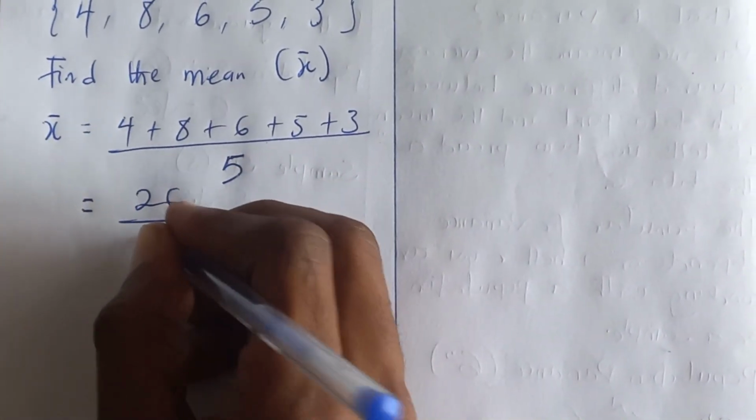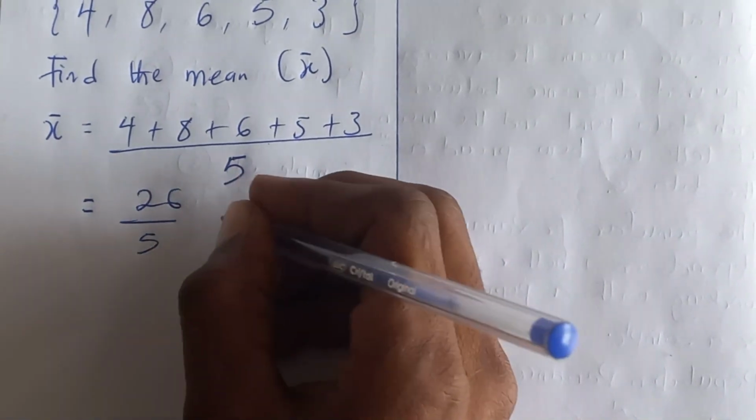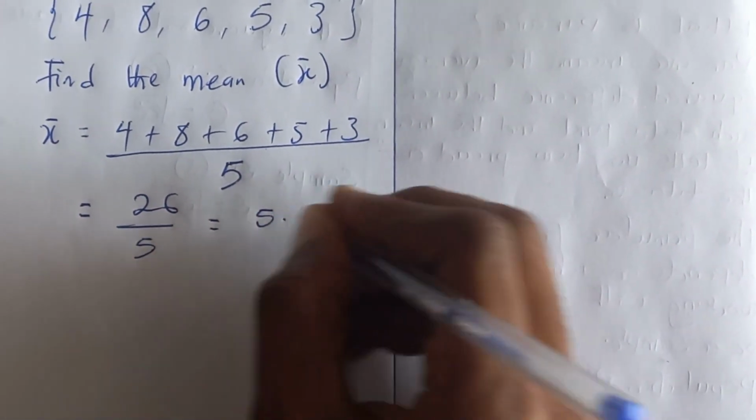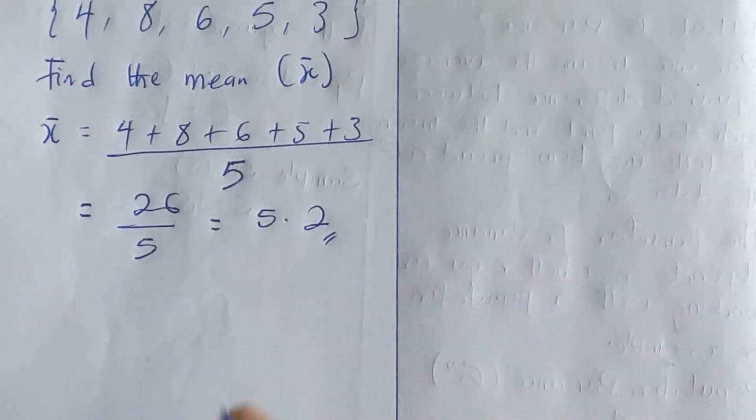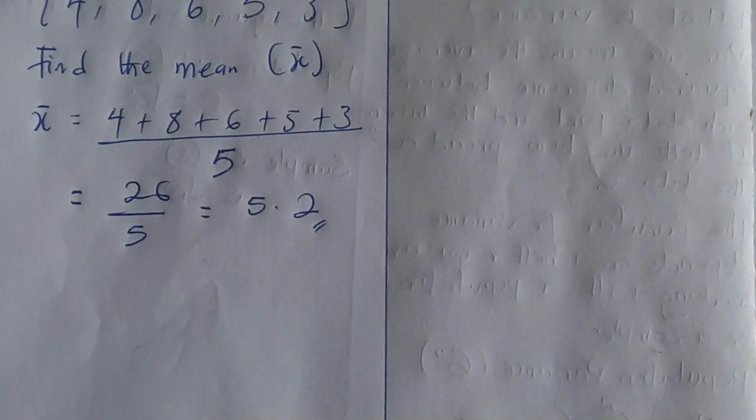So 26 over 5, which is 5.2. This is the mean, the sample mean x bar.